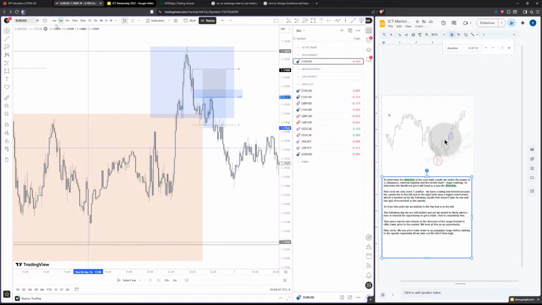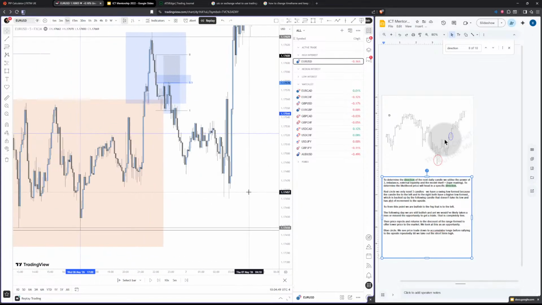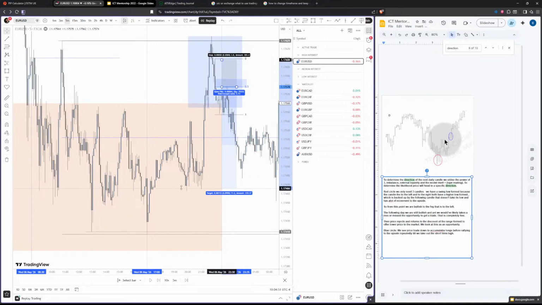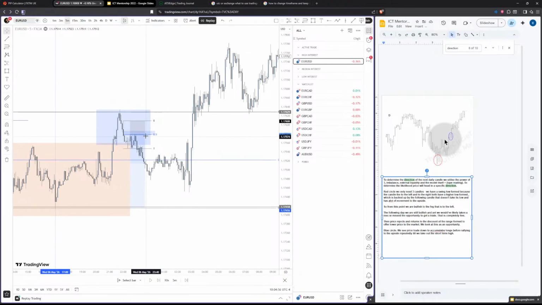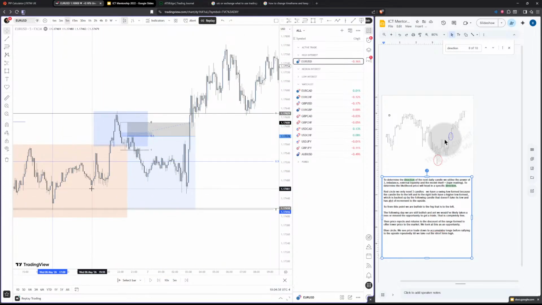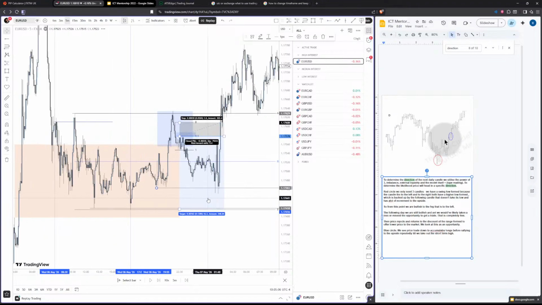And where would you have targeted? Maybe these equal lows. But we then actually took out these equal lows.